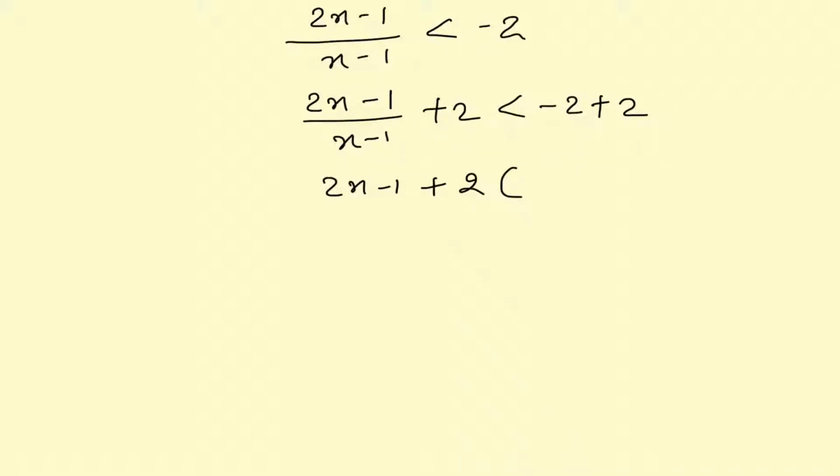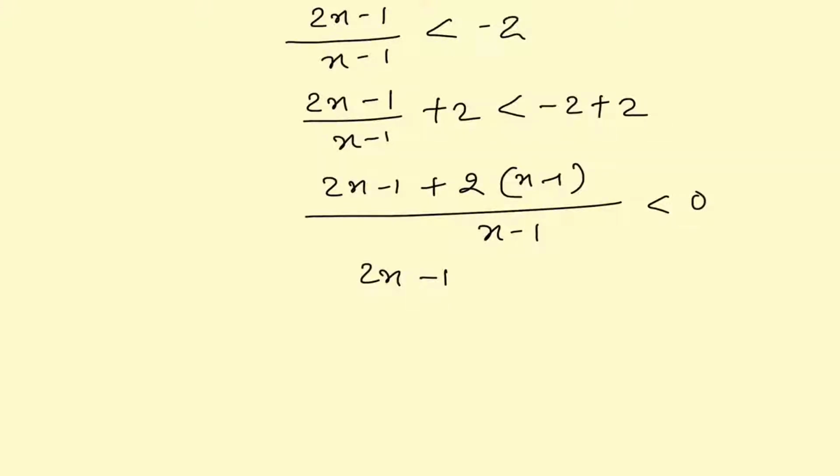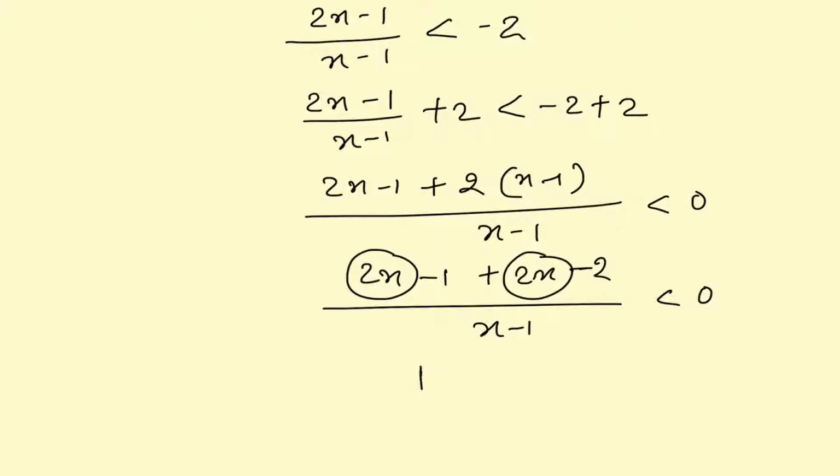Less than minus 2 plus 2: 2x minus 1 plus twice of x minus 1 whole upon x minus 1 less than 0. 2x minus 1 plus 2x minus 2 whole upon x minus 1 less than 0. 2x and 2x will become 4x, minus 1 minus 2 is minus 3, so 4x minus 3 whole upon x minus 1 is less than 0.